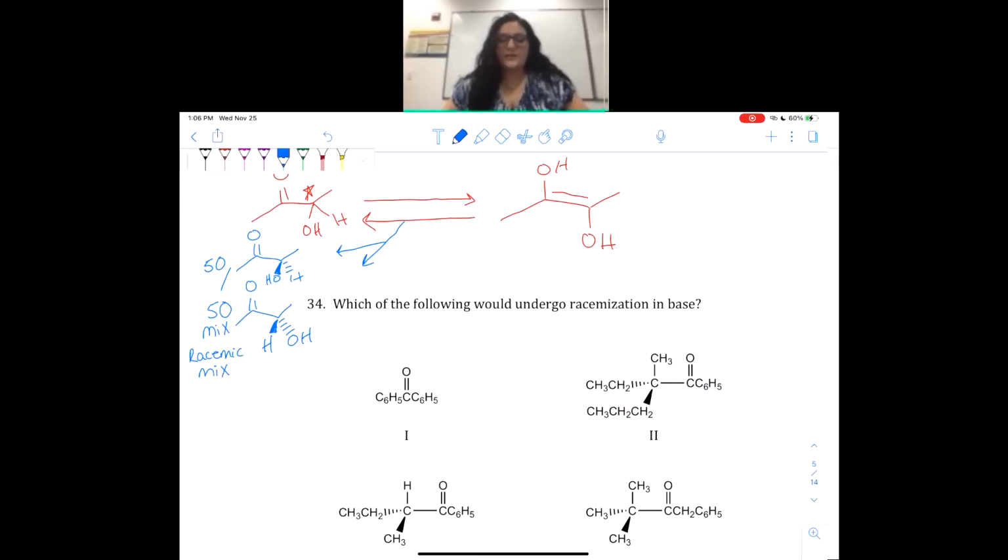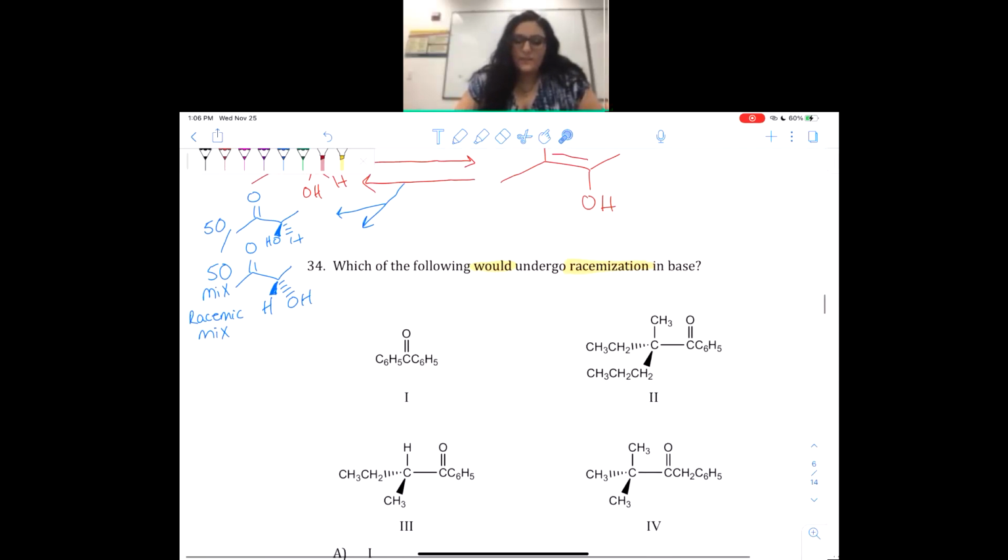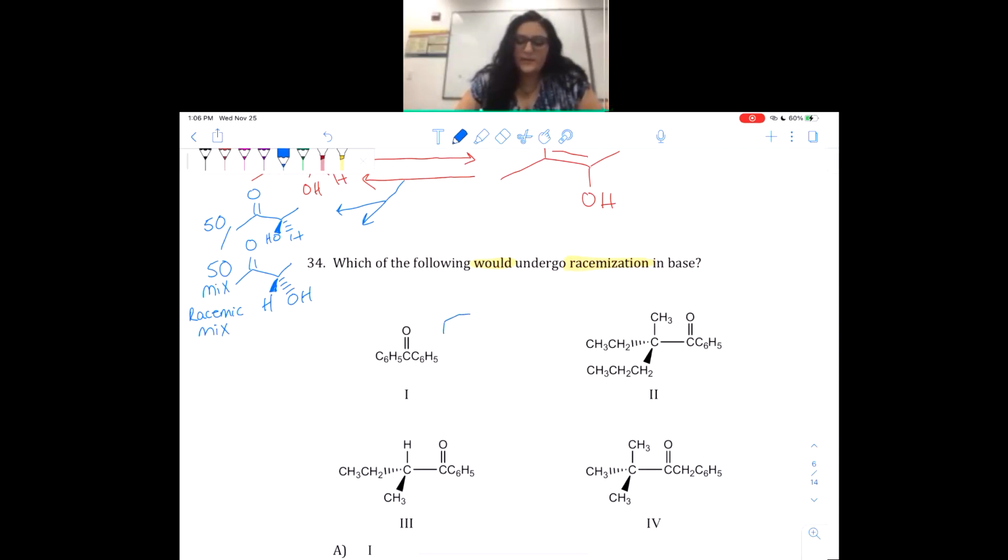So then the question asks you, which of the following would undergo racemization in base? So the main thing you have to focus on is would undergo racemization. So from this diagram here, what do you guys think is required in order to do a racemization? A chiral center, cool. So this first one has two benzene rings.